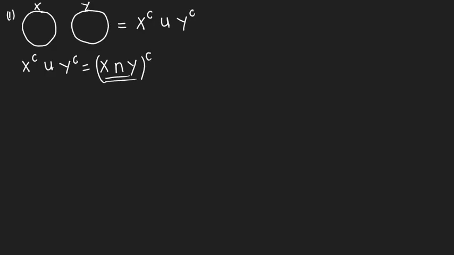You can get what is inside. x intersection y, because these two are disjoint sets, they have nothing in common. The intersection of these two sets is simply the empty set. Hence, x complement union y complement is equal to the empty set complement.